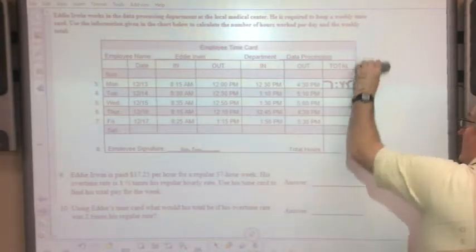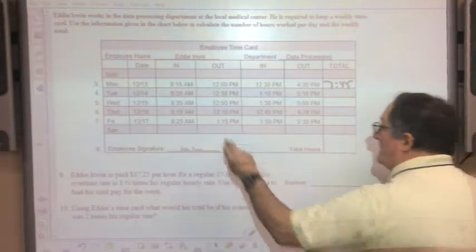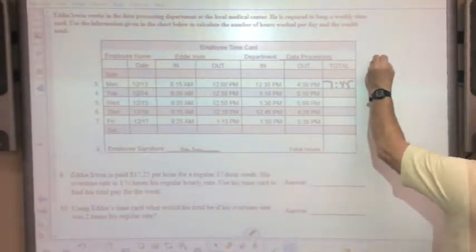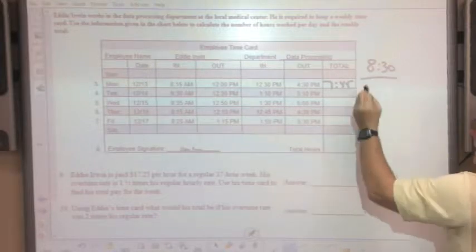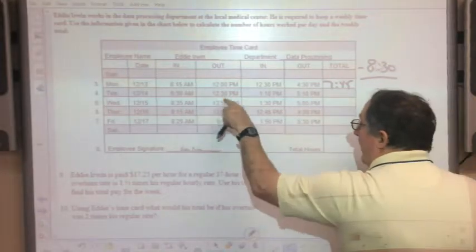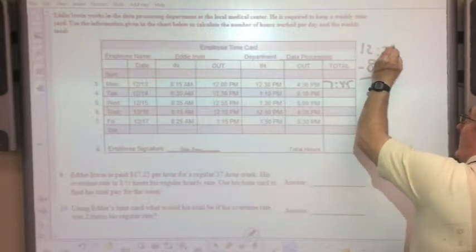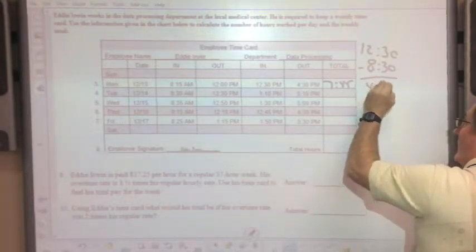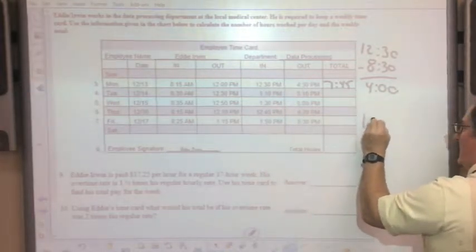Okay, go ahead and clean this up a little bit. Question number next, on Tuesday, you start work at 8:30 in the morning, which goes on the bottom since you're doing subtraction, and you're working till 12:30 before you go to lunch. So again, count your fingers, 12 minus 8 is 4.